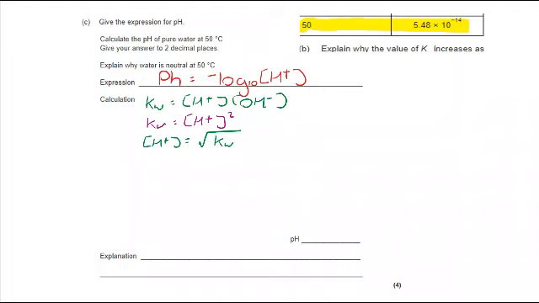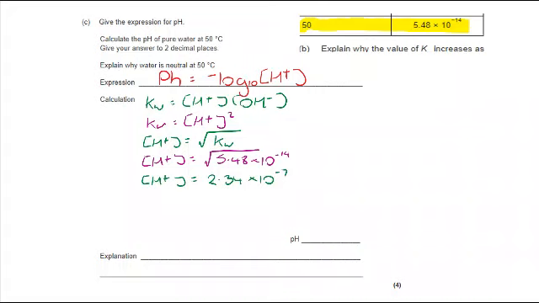Now I can rearrange that to make H plus the subject, and H plus is going to be root Kw. So H plus is root 5.48 by 10 to the minus 14 from the table provided. And that takes us to a value of 2.34 by 10 to the minus 7.